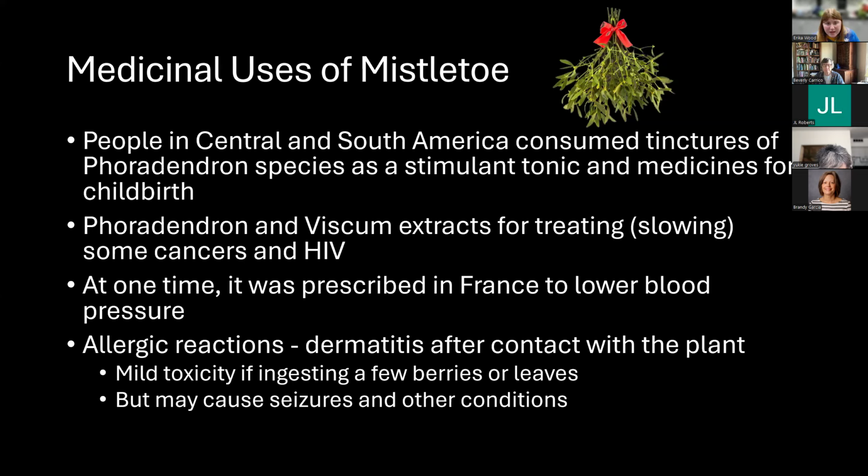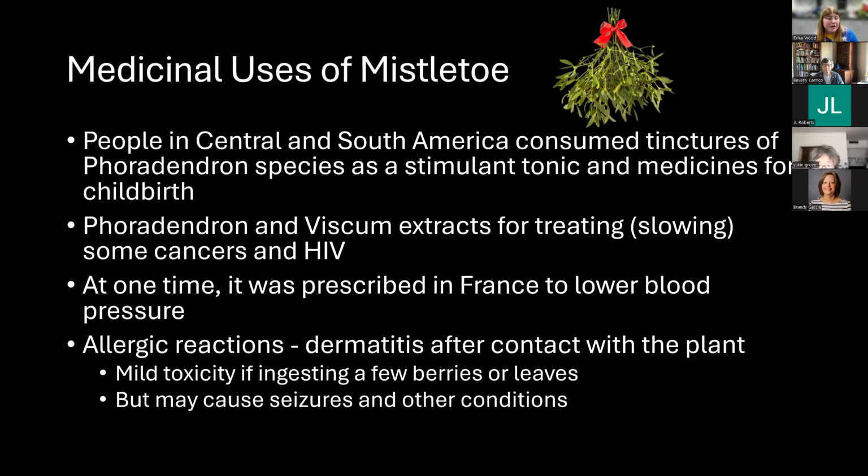But with that aside, again, different species of mistletoe are found across the world. And so they were used for different purposes. People in Central and South America would actually use tinctures of the phoradendron genus. They would use it as a stimulant, but they also used it as medication for helping with childbirth.